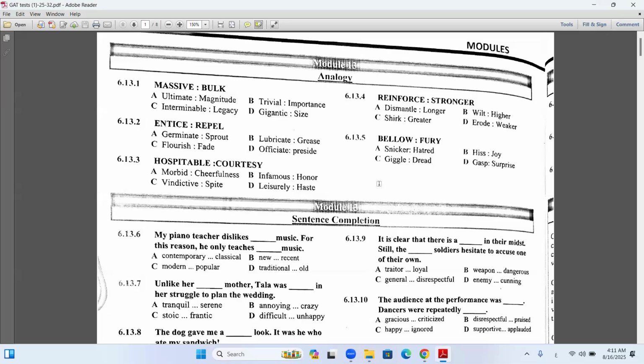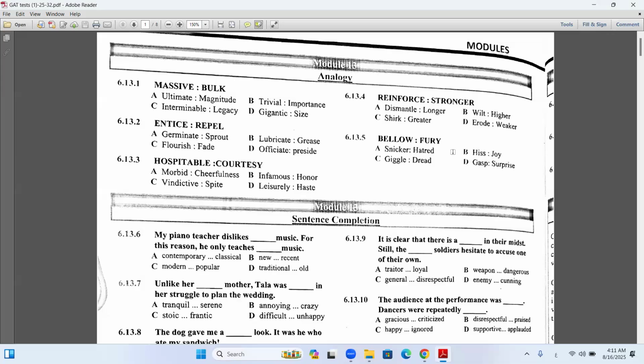Number five, I chose D, gasp and surprise. Gasp and surprise because here bellow means shout. So when we shout when we're furious, like fury here, anger. So we gasp when we show surprise.